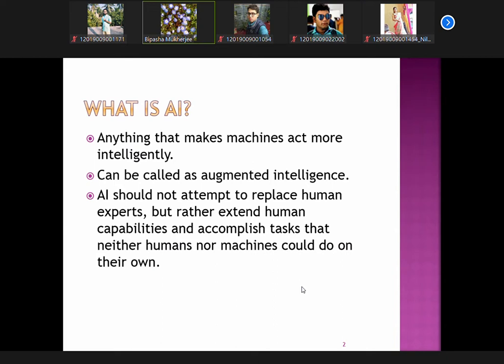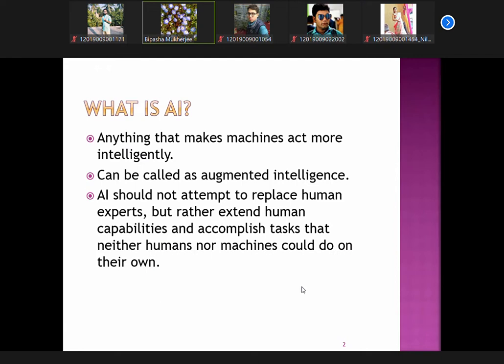What is in our hand is that we can give the machine all such information which makes the machine capable enough to take decisions like a human.